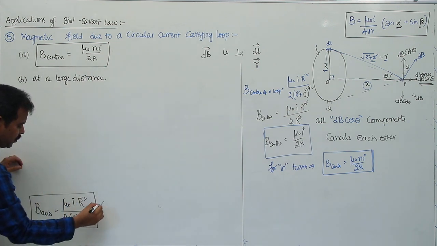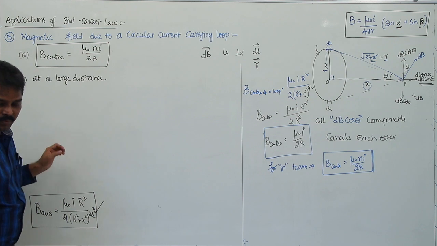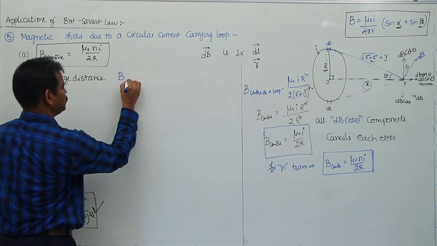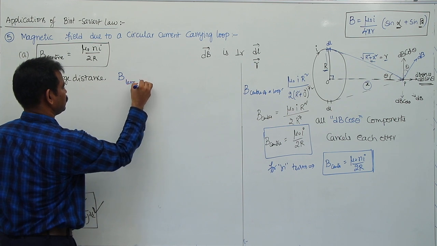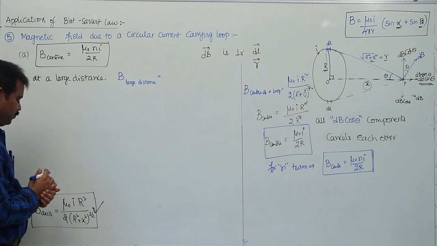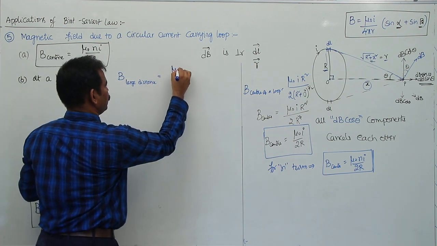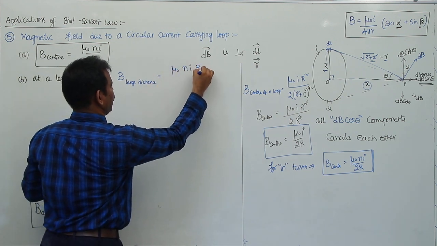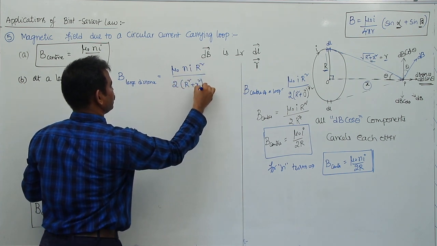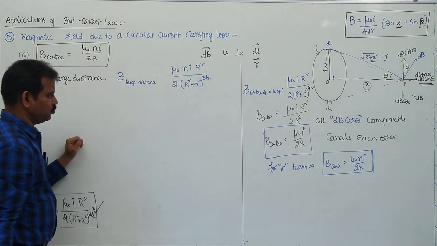This is the magnetic field on the axis. So B at a large distance on the axis of a circular loop is given by mu naught n I r square by 2 into (r square plus x square) whole power 3 by 2.